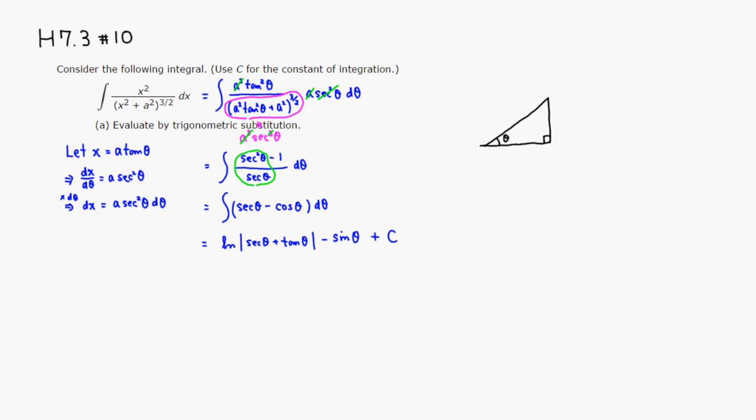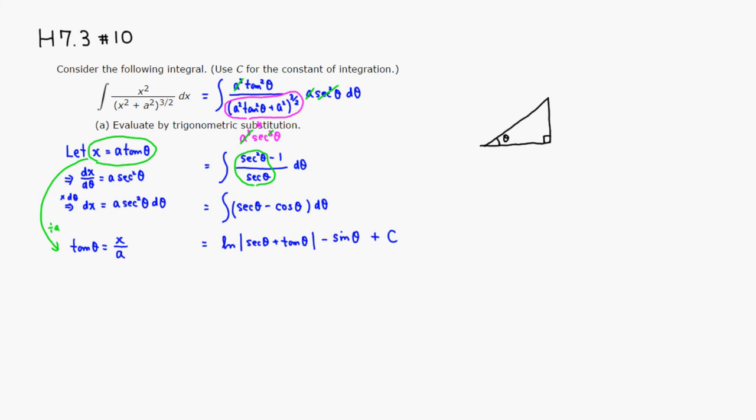Using the substitution equation, I'm going to divide through by a to get that the tangent of theta is equal to x over a.